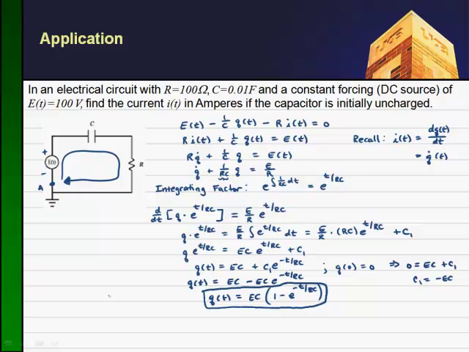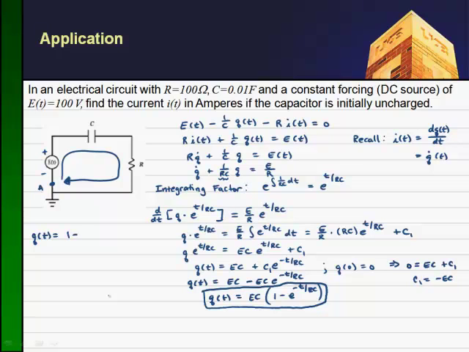So I have E times C, that's going to be 100 times 0.01, well, that's just going to be 1. Then I have 1 minus e to the minus t over RC. So R is 100 and C is 0.01, so 100 times 0.01 is also 1. So this actually becomes fairly simple. I get Q of t is equal to 1 times 1 minus e to the minus t.